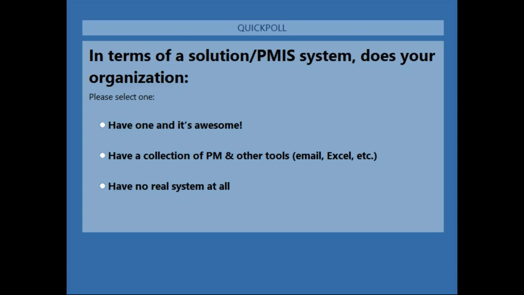Having a collection of systems is in the lead. I'm going to give everybody just another minute. If you haven't popped your answer in there, please do so now. Give everybody about another 10 seconds. And Jeopardy music cue now. Final chance. All right. Pamela, if you go ahead and close the poll for me.